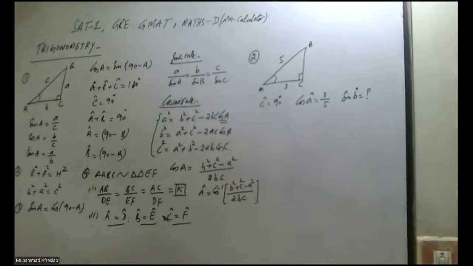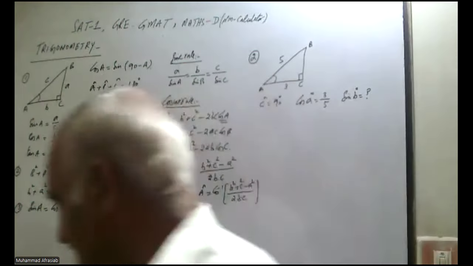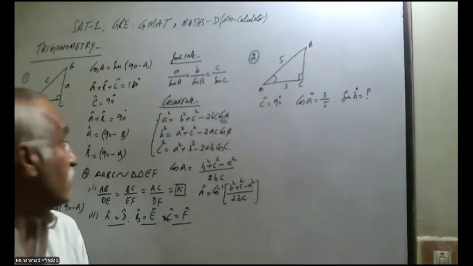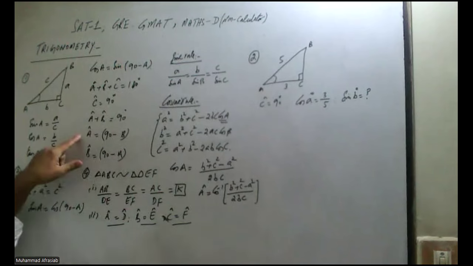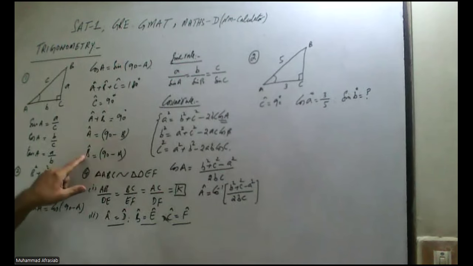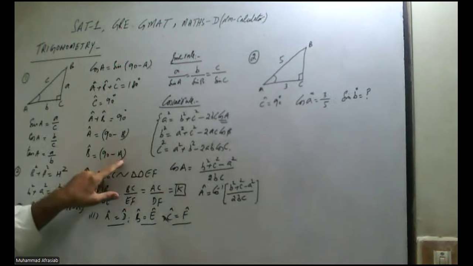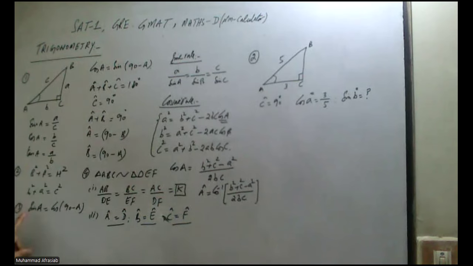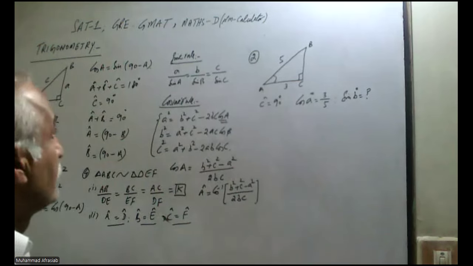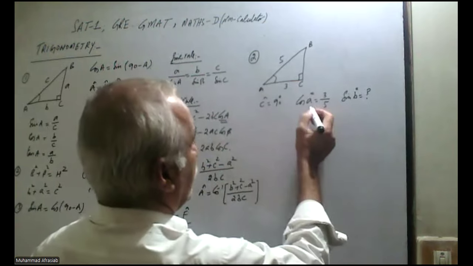Since we have already calculated this property that A is equal to 90 minus B, or B is equal to 90 minus A, and sine of A is equal to cos of 90 minus A, and cos of A is equal to sine of 90 minus A, here we can use it, since cos of A is given.